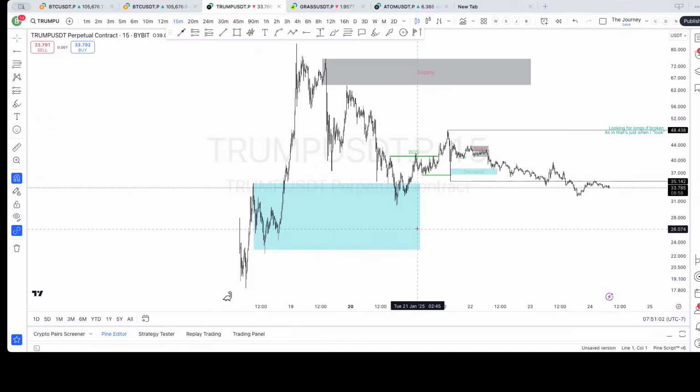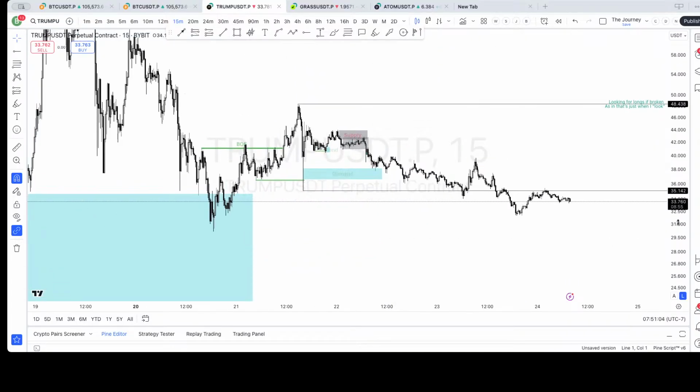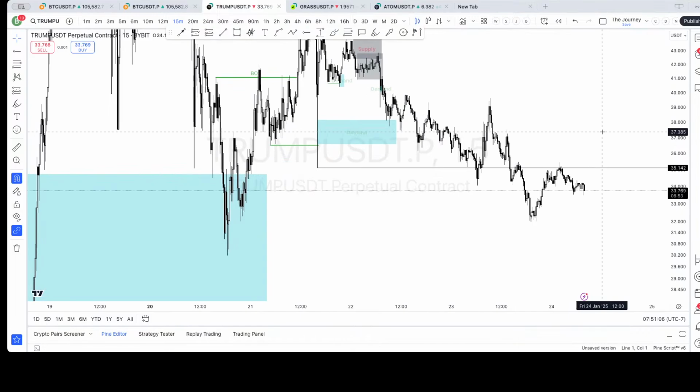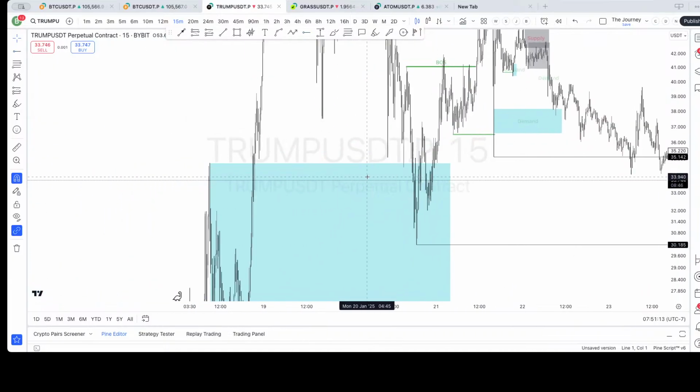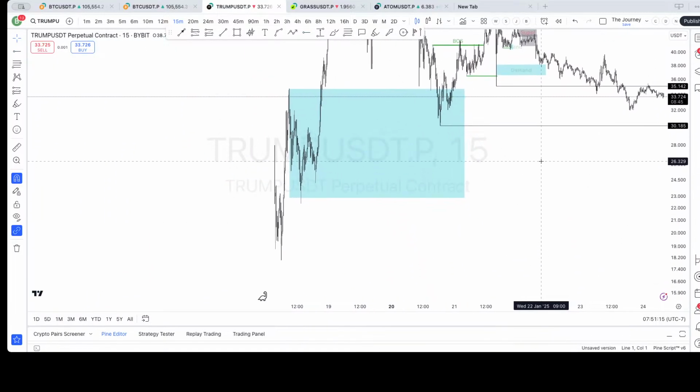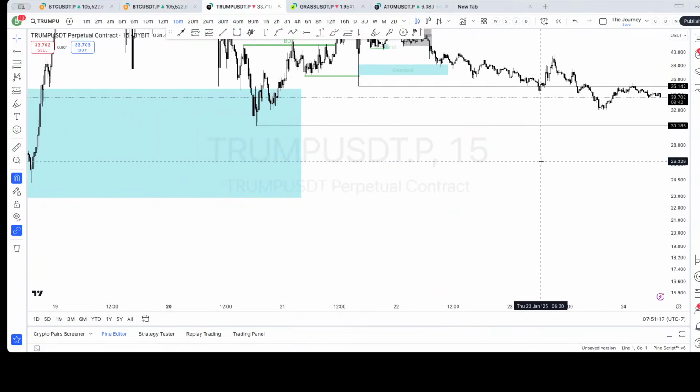Oof, it's looking brutal. I'd short it. No, don't love the idea of longing this at all. I think this is absolutely coming for this low. A little better hold, man.